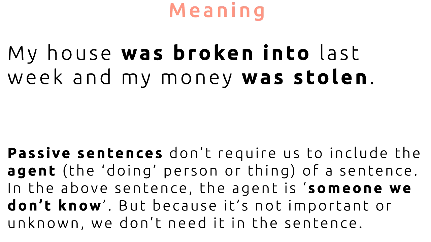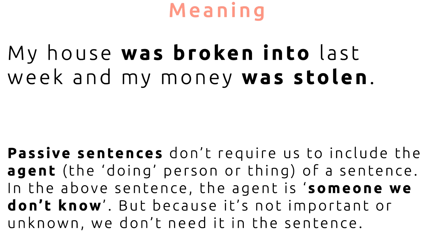Look at the example again. My house was broken into last week and my money was stolen. Was broken into and was stolen are passive structures. We'll learn the structure in the next lecture. So what is the passive sentence?